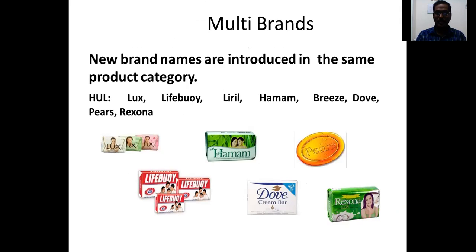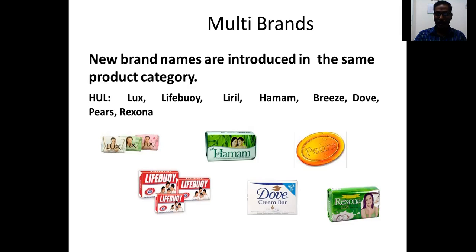Then we discuss multi brands. New brand names are introduced in the same product category. Sometimes they go with the same product but introduce new brands to increase the market share. Here I've given an example of Hindustan Unilever, a company which introduces soaps under different brands. We can see Lux soap, which has different varieties under Lux itself.